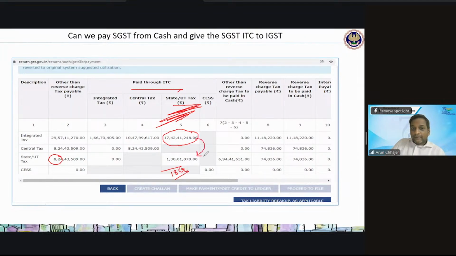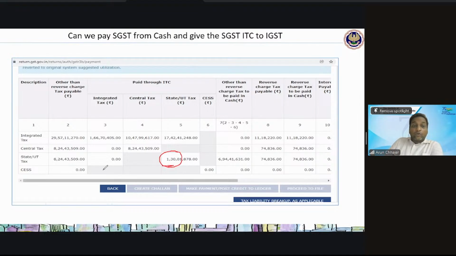Ideally, if I go by section 49, then first it has to be given to S, and only then it goes to C, it goes to I. But see, in this case, out of 18 crore, they have only used 1 crore toward the S. The maximum part they have given to I, and they are discharging the S liability in cash.